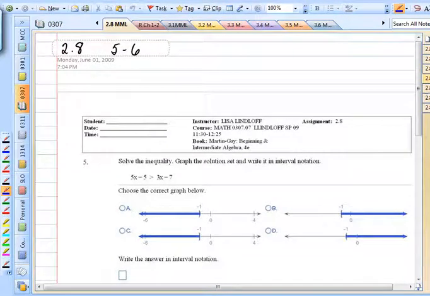to problem number 5. We're going to solve now inequalities, and I have to make a little statement about it, and I'm going to try to write it up at the top.